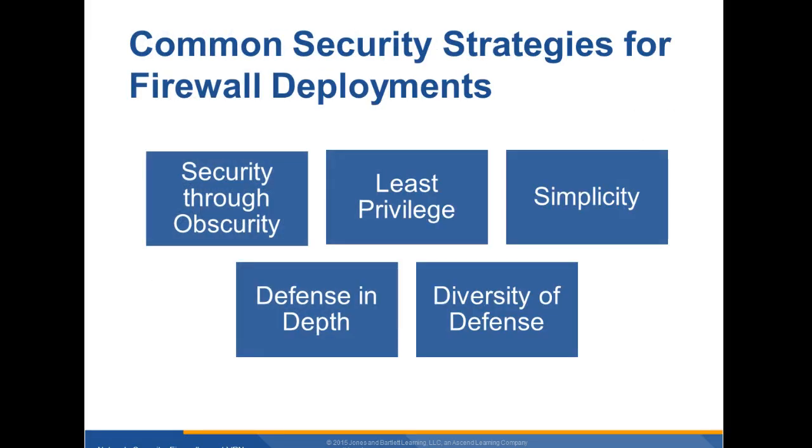We'll look at some common security strategies for firewall deployments: security through obscurity, least privilege, simplicity, defense in depth, and diversity of defense on this slide. Security through obscurity is the idea of gaining protection by using abnormal configurations. This is both a positive security action and a poor one.